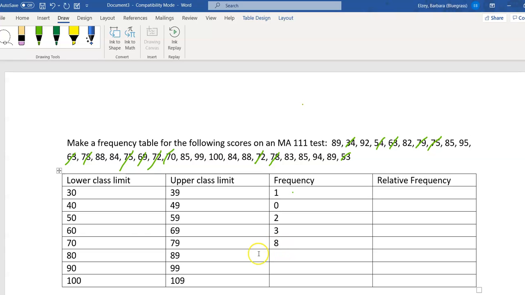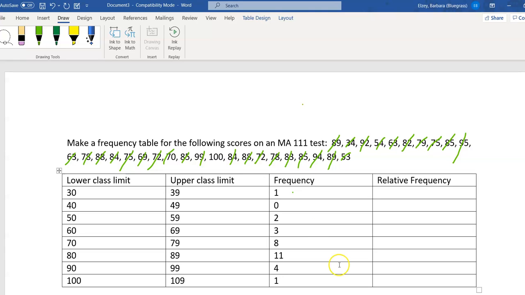Put an 8 there. And then let's see, 80s. We have 1, 2, 3, 4, 5, 6, 7, 8, 9, 10, 11. All right. And then 90s. So let's see, we've got 1, 2, 3, 4. And then finally, of course, there's only one 100.